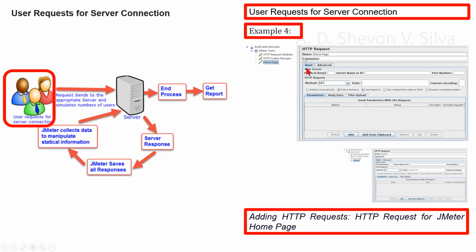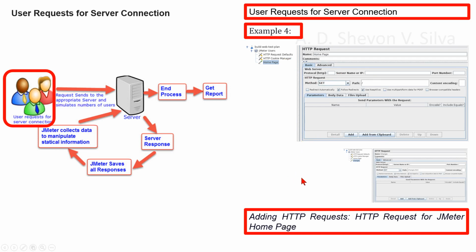Change the name field to homepage. Set the path field to /. Remember that you do not have to set the server name field because you already specified this value in the HTTP request defaults element. Here you can see the HTTP request for JMeter homepage.